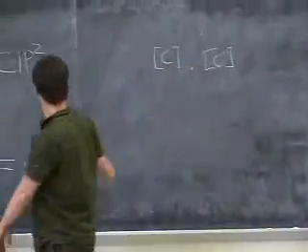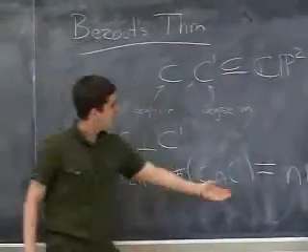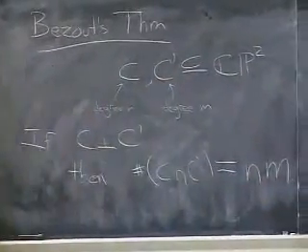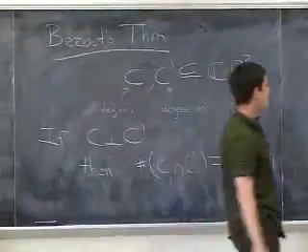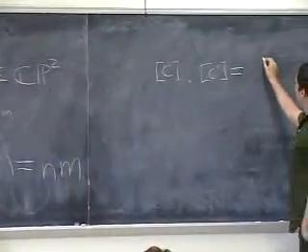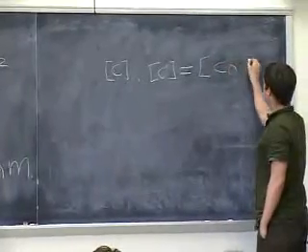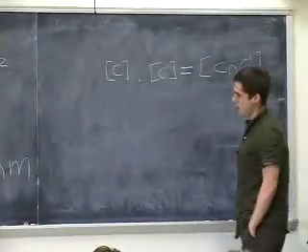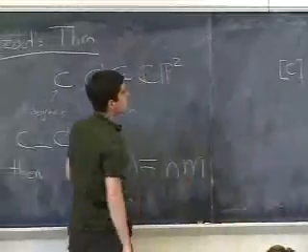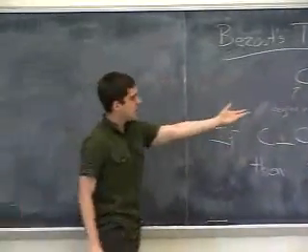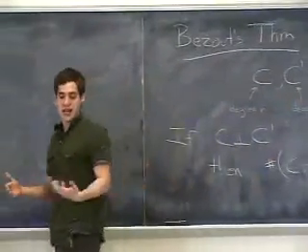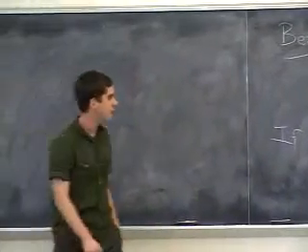Then the product of their fundamental classes, that's this number n times m. And what are we saying? Well, we're saying that that's equal to the fundamental class of the intersection of C and C prime. This is a zero-dimensional manifold. And taking the fundamental class in that case just amounts to counting the number of points that that manifold has.